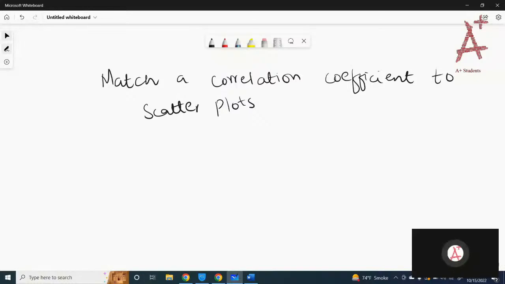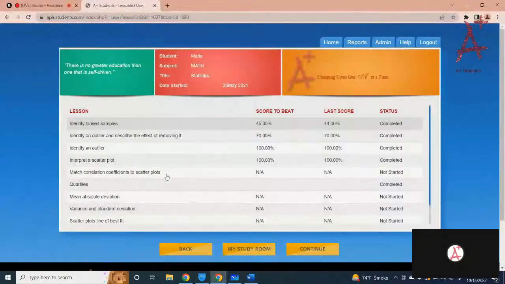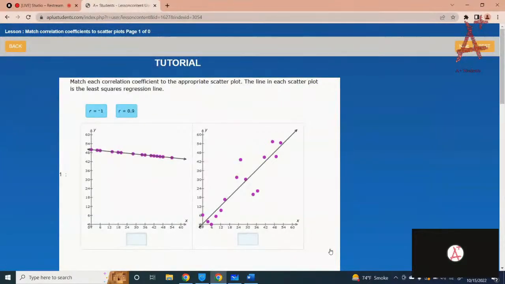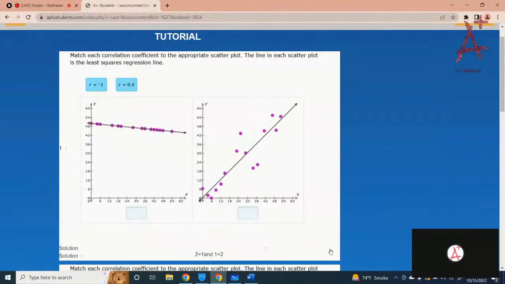Okay, let's start with examples. Match each correlation coefficient to the appropriate scatter plot.